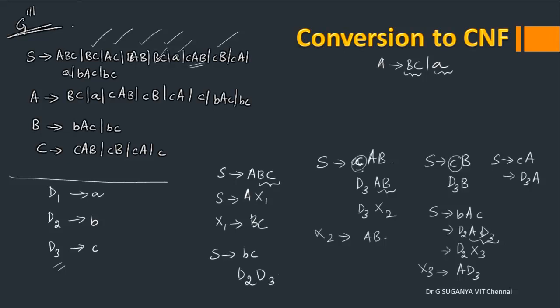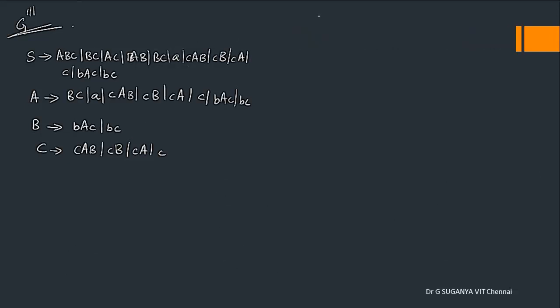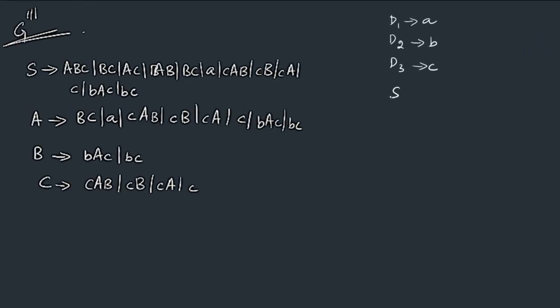Okay. Now we will write the alternate productions for this grammar for better understanding. So you will have something like D1 gives A, D2 gives B, D3 gives C, and S gives A X1, where X1 gives BC. Okay, and the second alternate for S is BC, which will be as such.